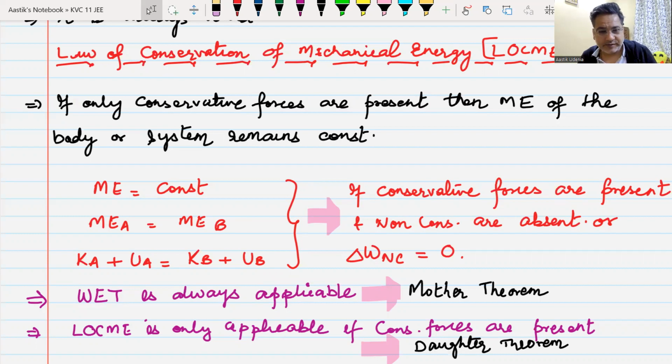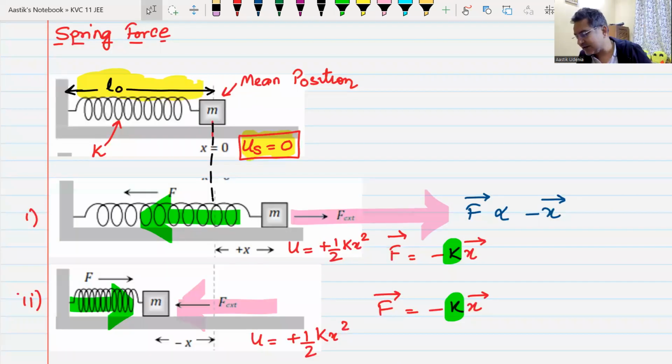LOCME, which can be applied only when conservative forces are present, is known as the daughter theorem. Then we had seen the spring force and the energy stored in the spring. When the spring is in its relaxed state, there is no force and there is no energy.